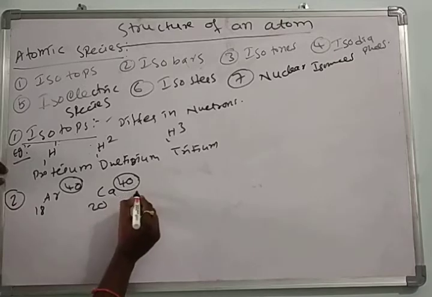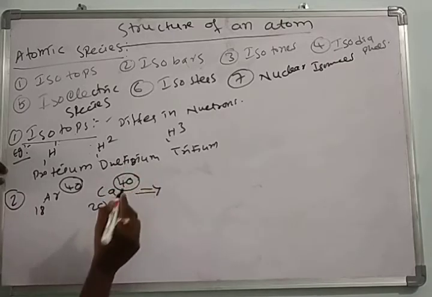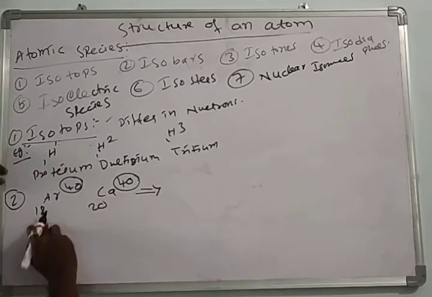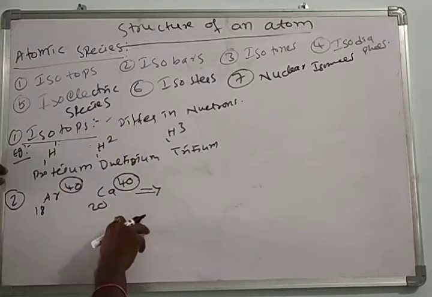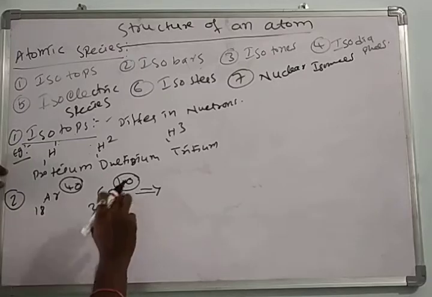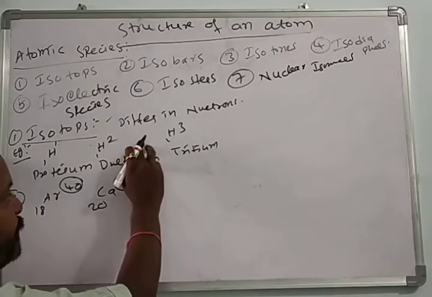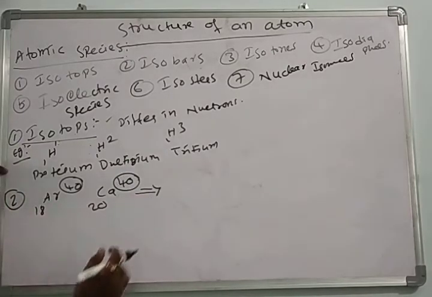These two are called isobars. Here they have different protons, different electrons and different neutrons also.